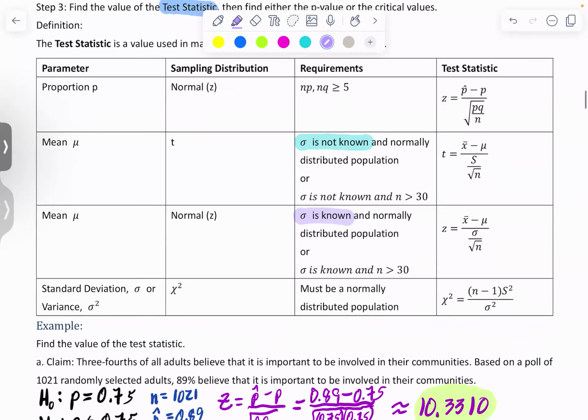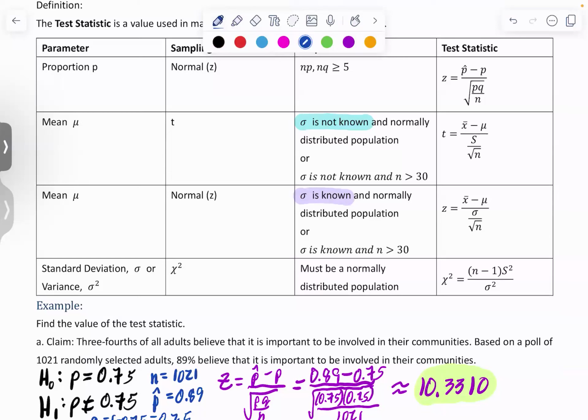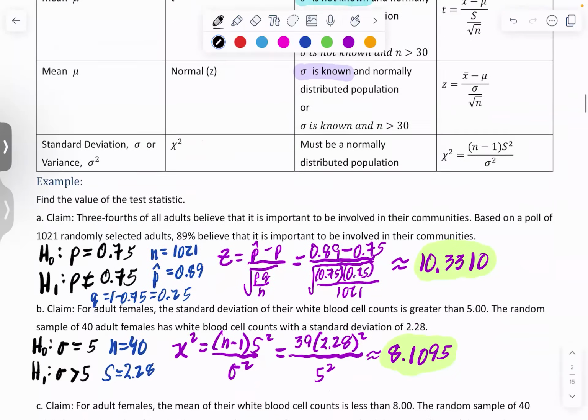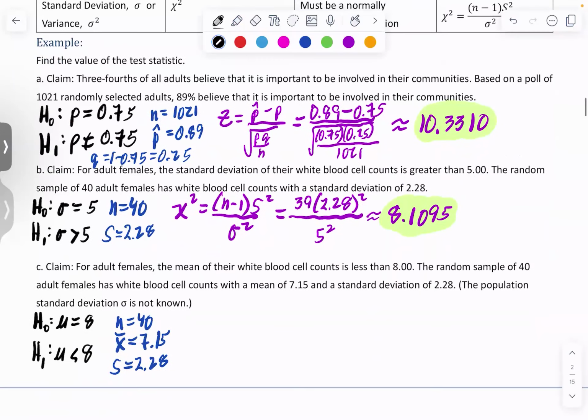And how do we know which one it is? Because all of the problems are going to have a sample standard deviation. So how do we know if we're talking the population or the sample? It says for adult females, the mean of their white blood cell counts is less than 8. Now it starts talking about a sample. So everything after this is going to be referring to this sample.